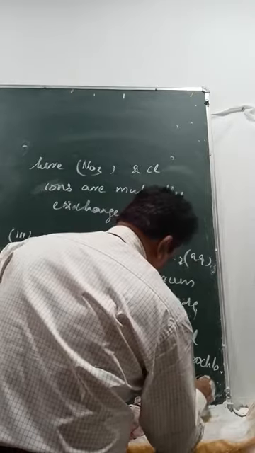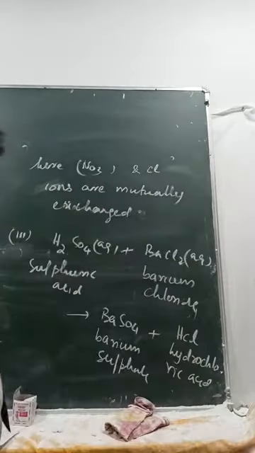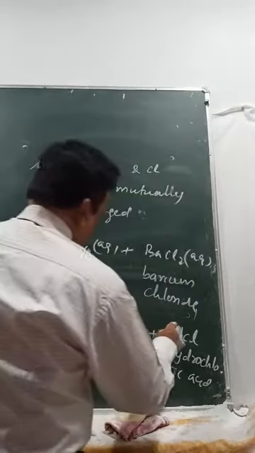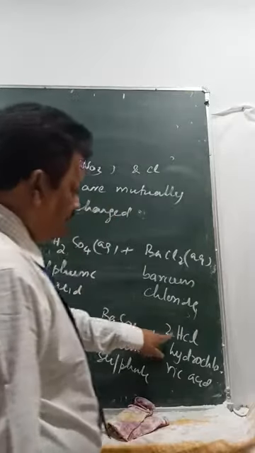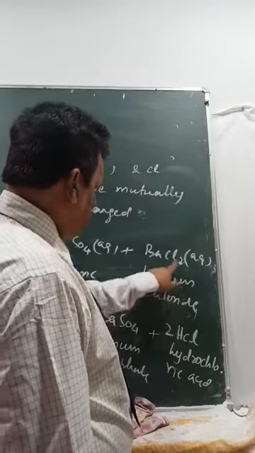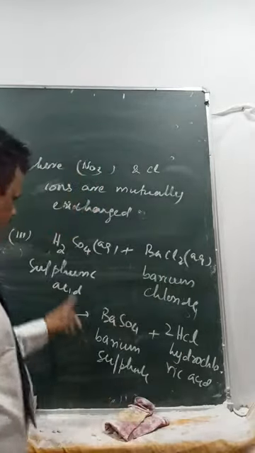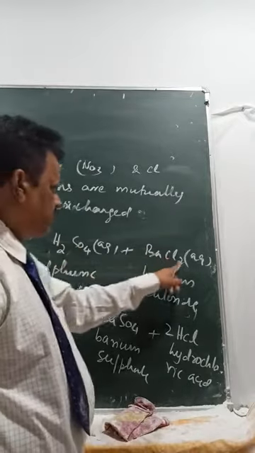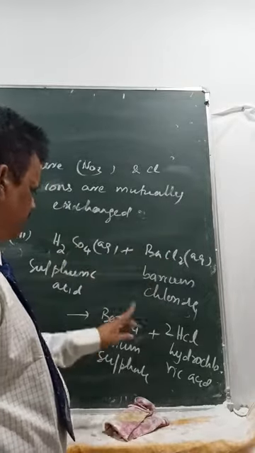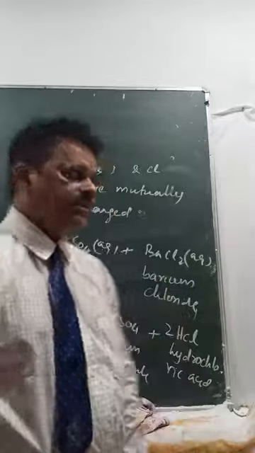Okay, see if it is balanced. H is 2, I'll make it 2. Then 2H, 2Cl, 2Cl, 2H. So this is also ions mutually exchanged. So that is how you get a double displacement reaction.